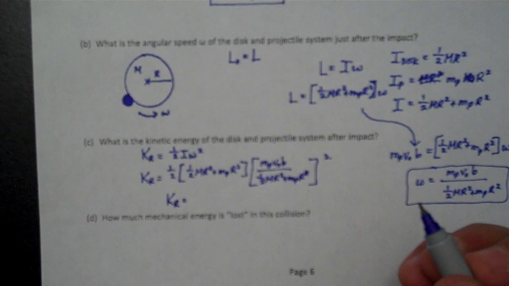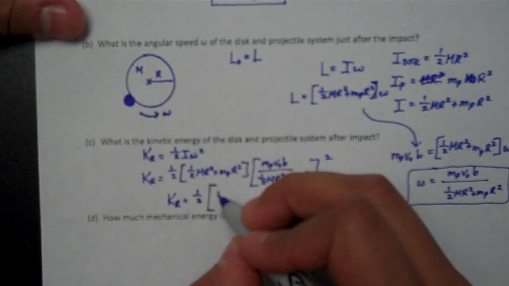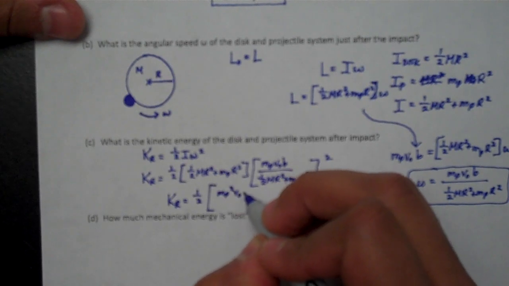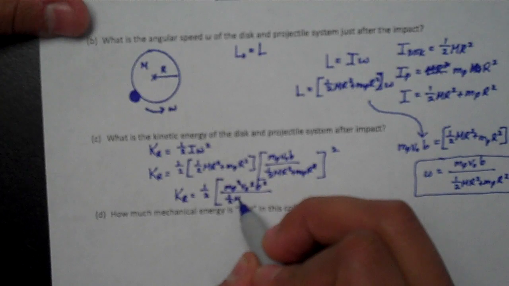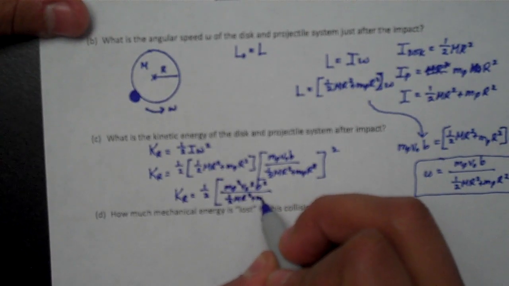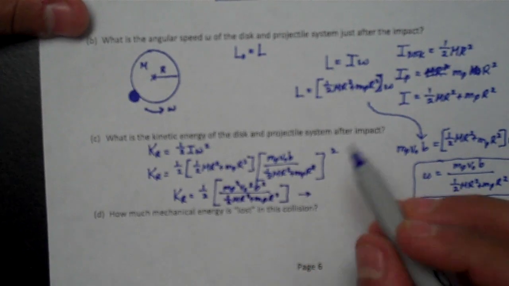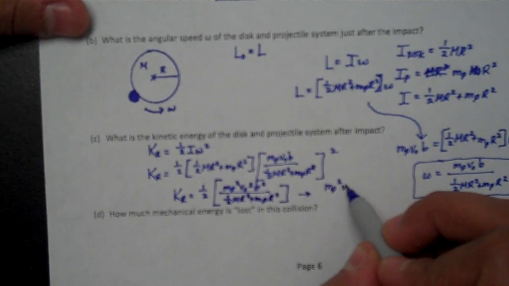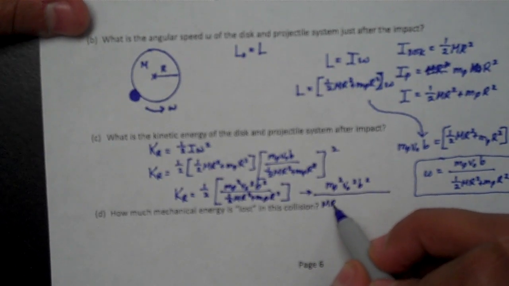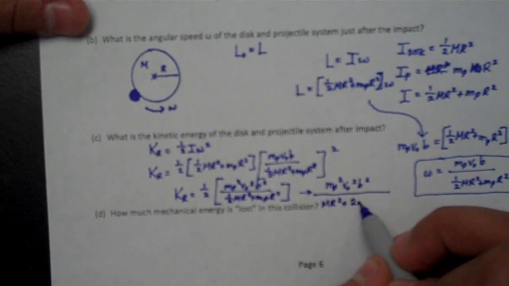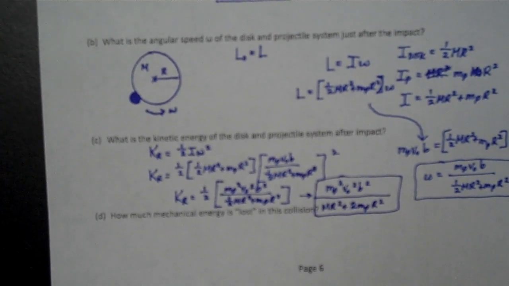So then what I get is 1/2 times mp squared v naught squared b squared over 1/2 mr squared plus mp r squared. Or, to simplify, mp squared v naught squared b squared over mr squared plus 2 mp r squared. And that's my kinetic energy.